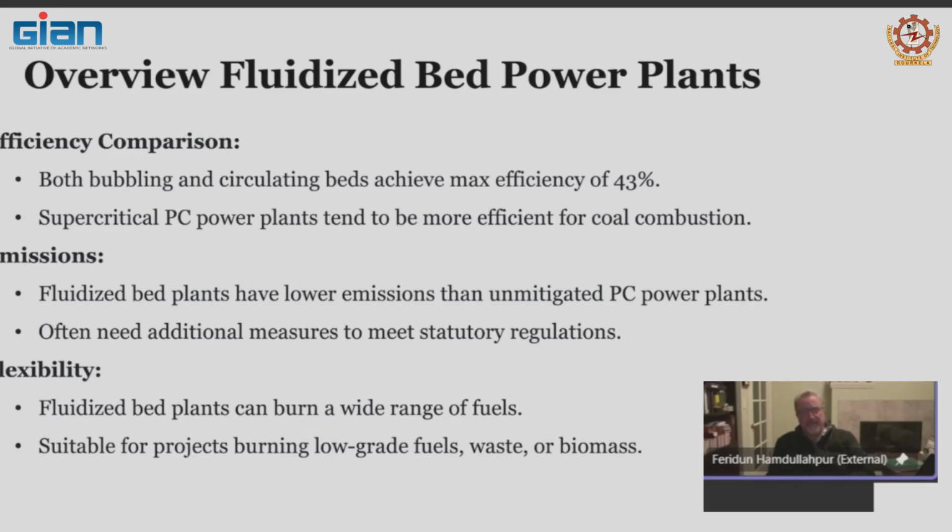But if PCs are supercritical, again, you should know what a supercritical boiler is, and then it could be higher. Emissions are a lot more favorable in this case, and the fuel flexibility is superior when you are burning a variety of low grade fuels, especially.